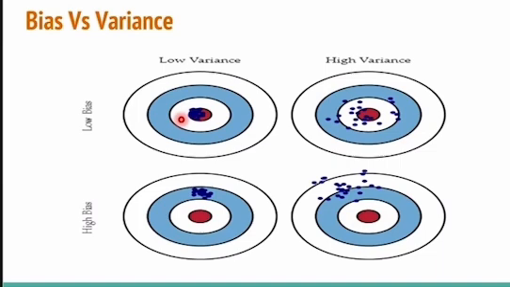Now that you understand what I mean by bias and variance, since we cannot minimize the two at the same time, we want an ideal, reasonable situation where we will be able to strike a balance between the bias and the variance.